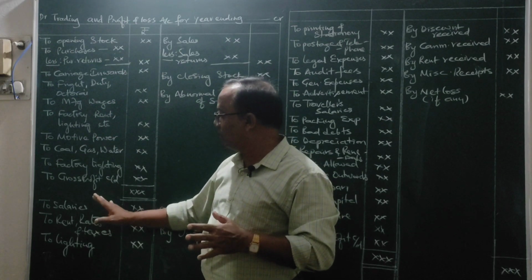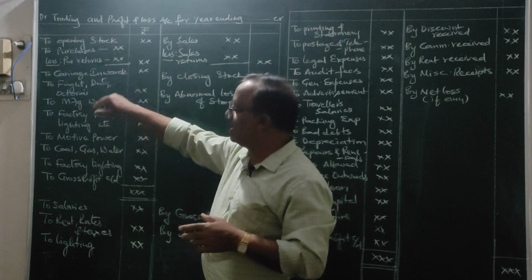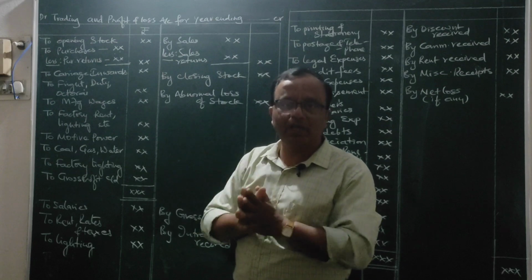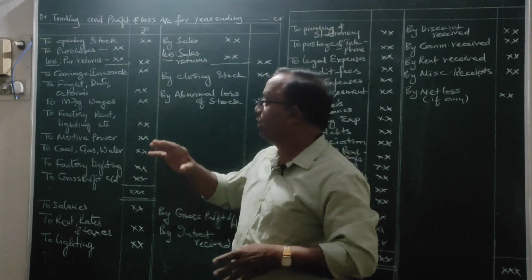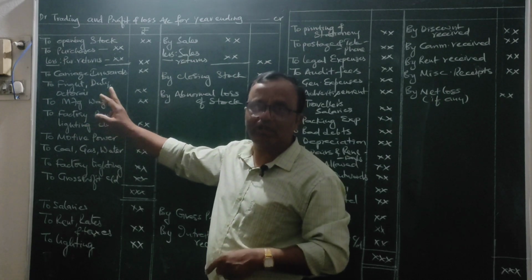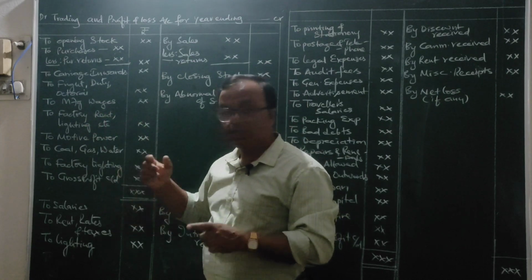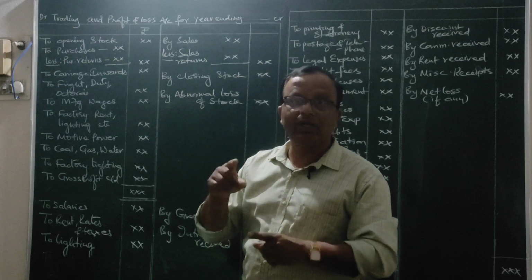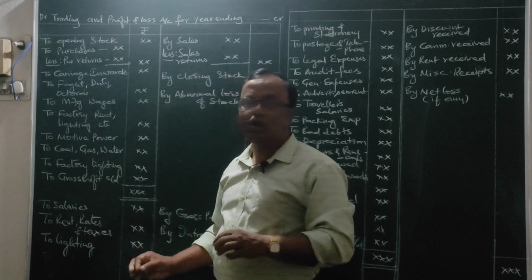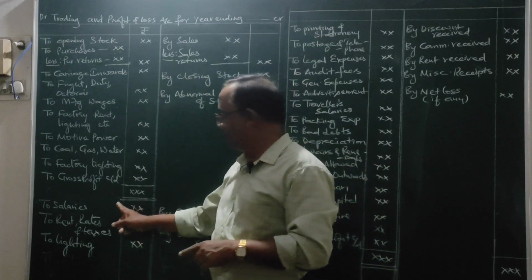Sometimes to confuse you, if he gives "wages and salaries", first we get wages, so wages and salaries is a direct expenditure. If he says "salaries and wages", it is an indirect expense. So if he has given salaries and wages, you debit it to the profit and loss account. Or if he simply says salaries, debit it to the profit and loss account.